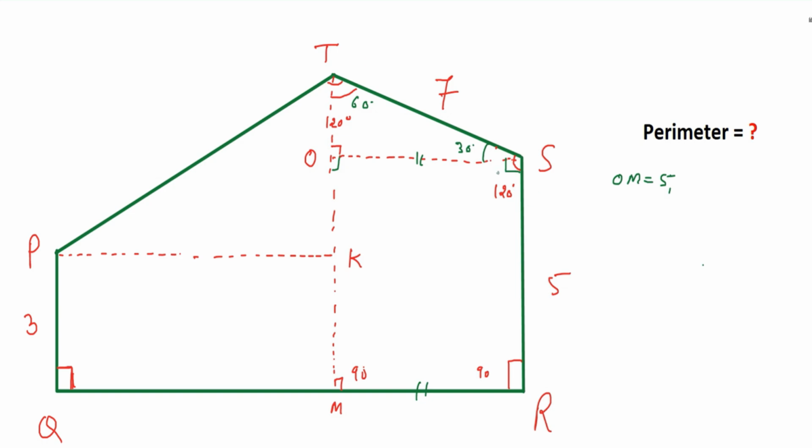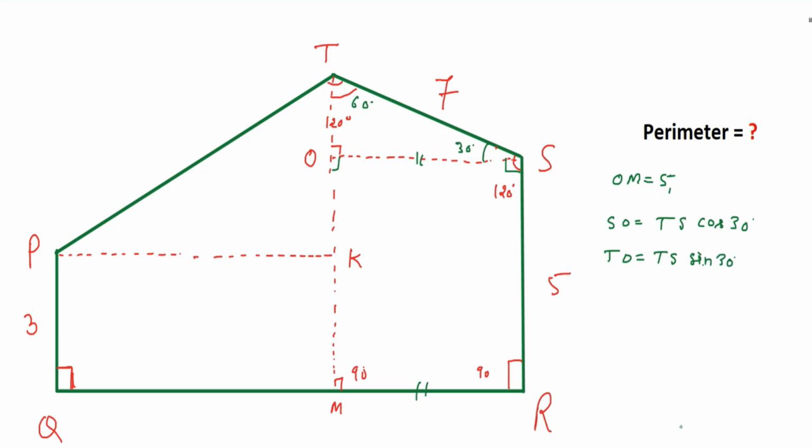Yes. So in right angle triangle TOS, SO will be given as TS cos 30 degrees, and TO will be given as TS sin 30 degrees.